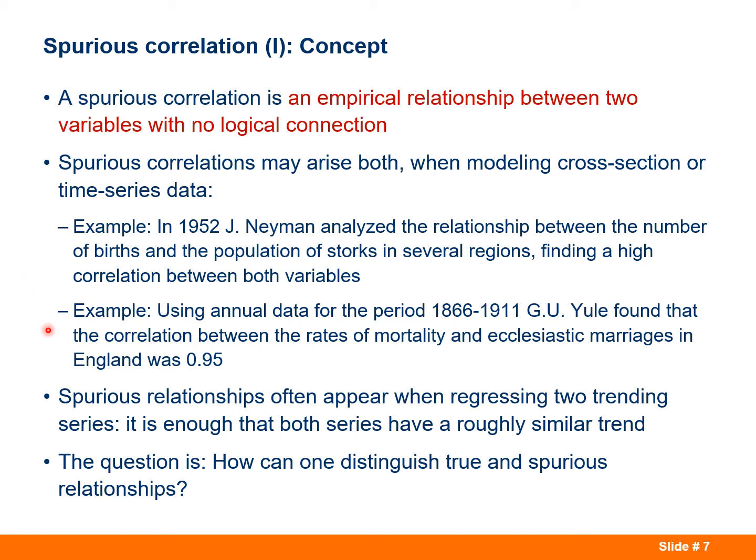On the other hand, Joule showed with English data that there was an important correlation, 0.95, between the rates of mortality and ecclesiastic marriages in England. Therefore, spurious correlation may appear in any framework, but it is more common when we are relating trending time series. The question here is how can we distinguish between true and spurious relationships?